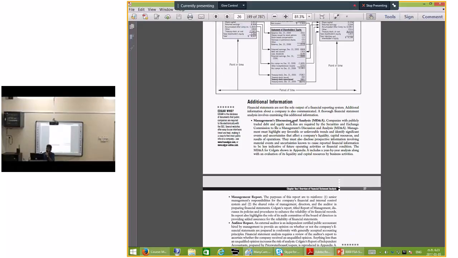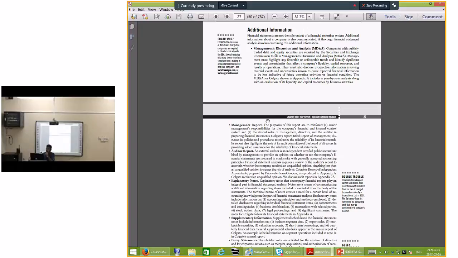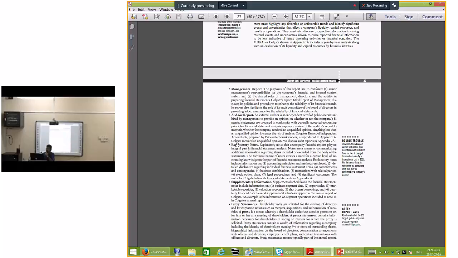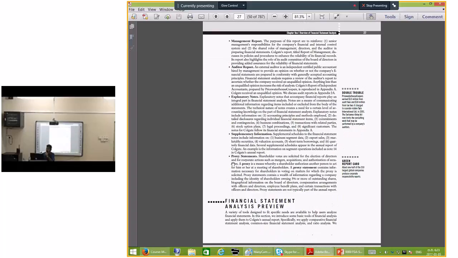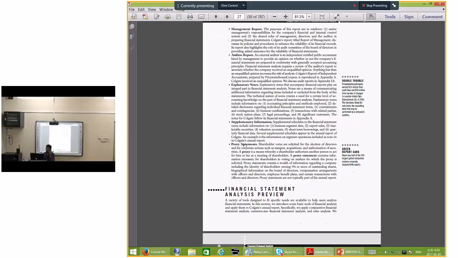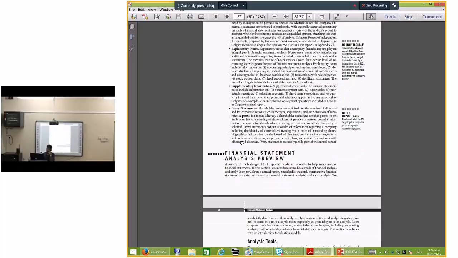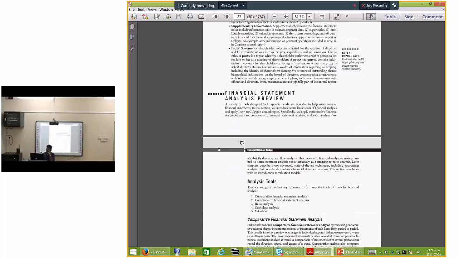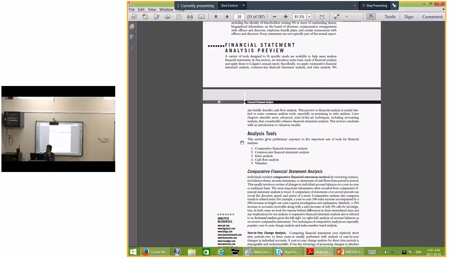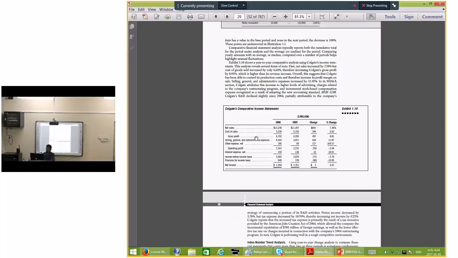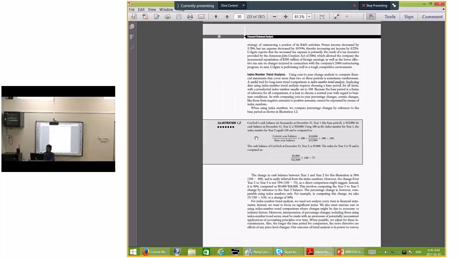You can see management discussion and analysis, additional information in addition to the financial statements, audit reports, explanatory notes, supplementary information, proxy statement. Further, we can see good governance, corporate governance details, CSR details and projects, future plans, and all you can consider. Then analytical tools are also here, and there are details.